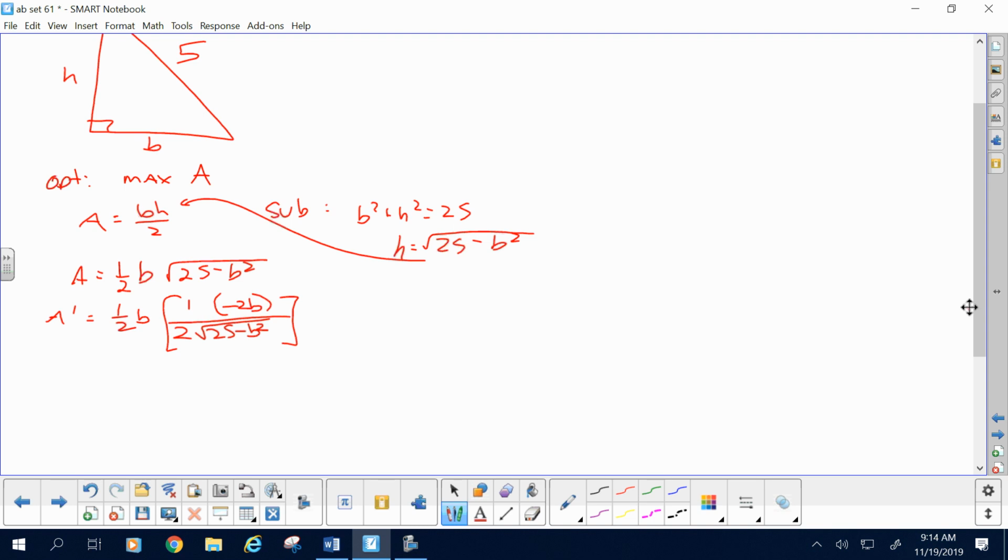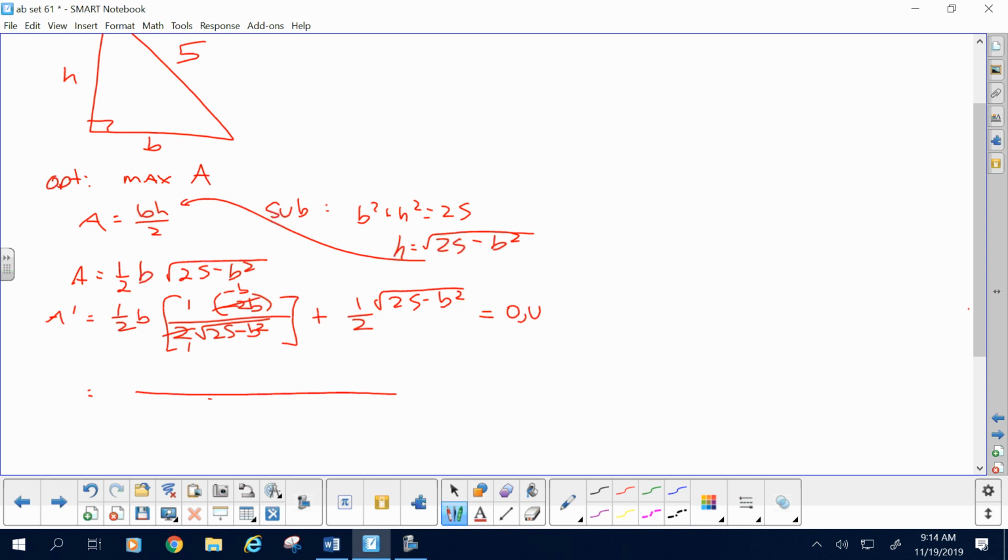So first stayed the same, derivative of the second by chain rule, plus square root of 25 minus b squared, and then the derivative of the first is just 1/2, yeah? Okay, you want to know where this is 0 or undefined? What would you do to get there? Get a common denominator, sounds good.